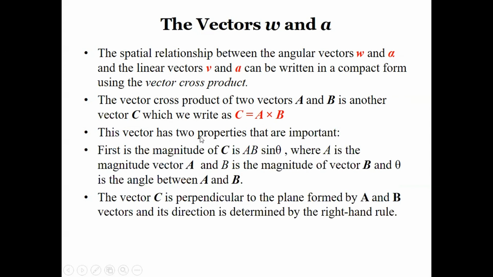Such a vector has two properties that are really important. The first property is that the magnitude of C is equal to AB sine theta, where A is the magnitude of vector A and B is the magnitude of vector B. Here we have shown vectors in bold letters and the magnitudes in normal letters.